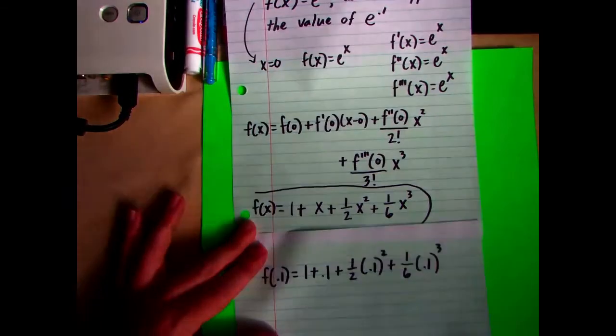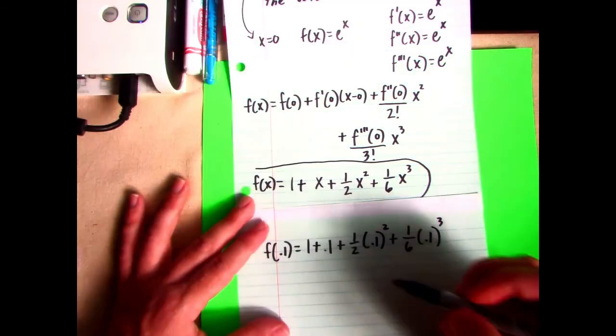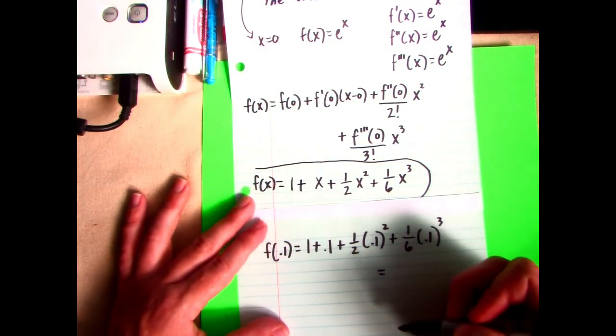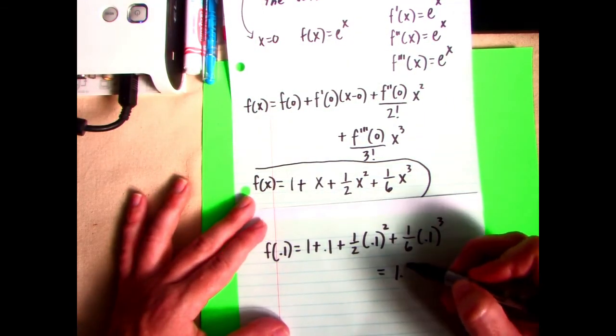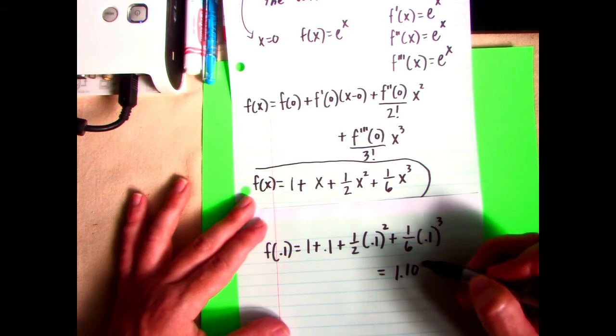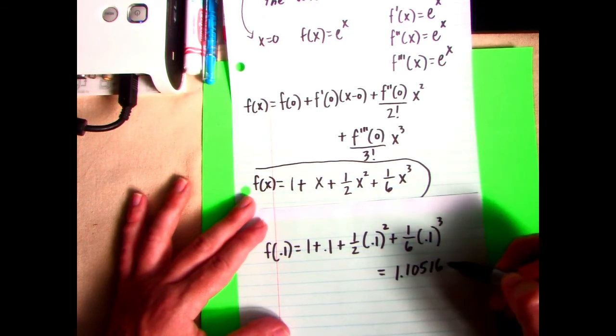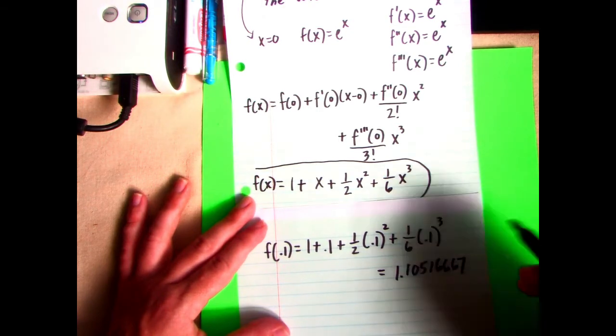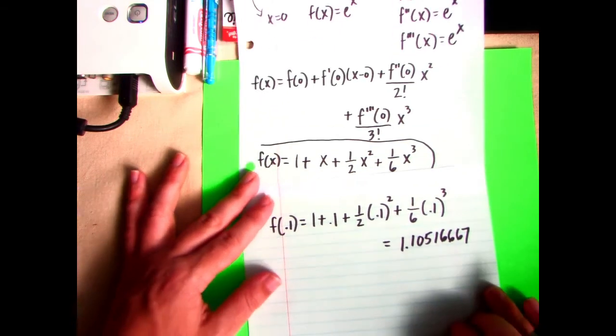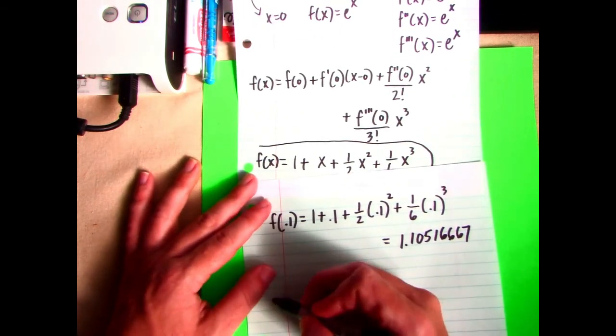When I plug that into a calculator, you get a long decimal here: 1.10516667.